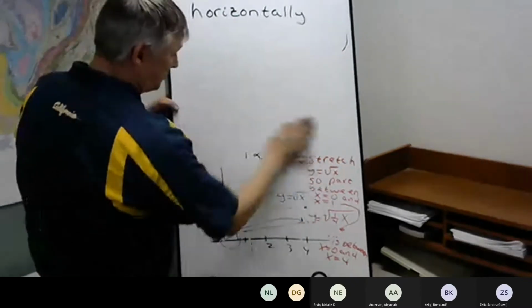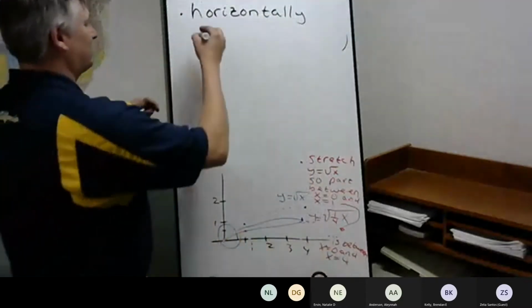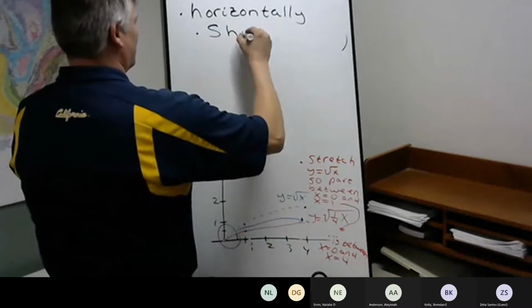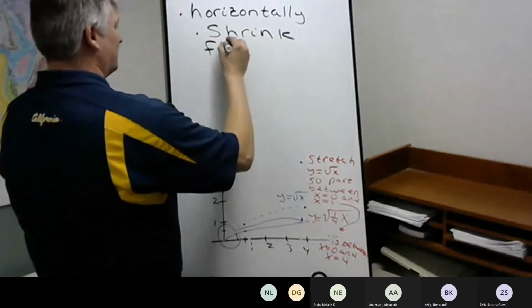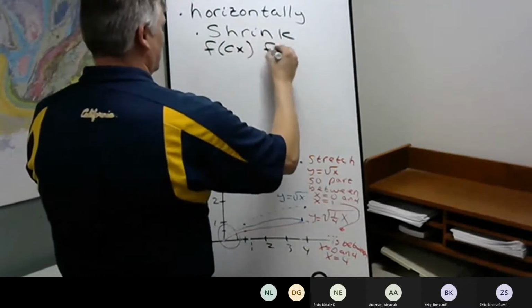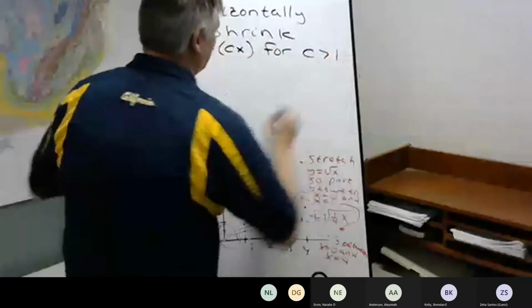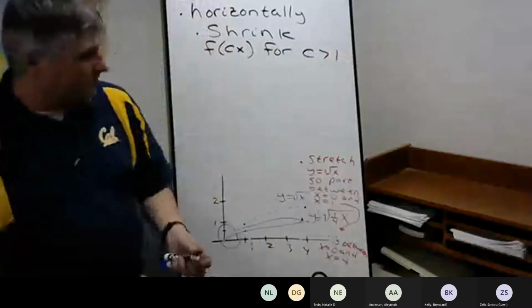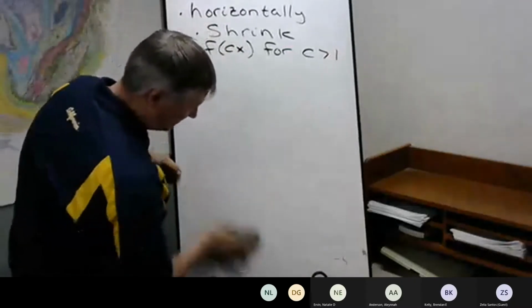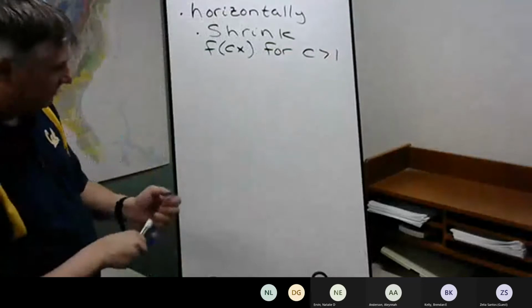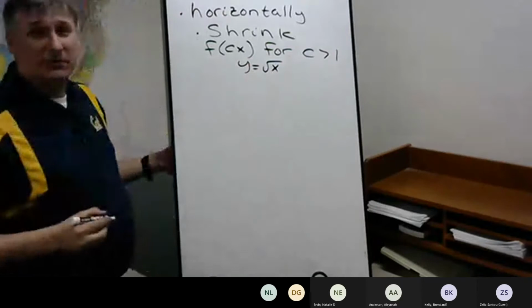So now we're going to look at doing a shrink. So f of cx for c greater than 1. And again, we'll use square root of x.